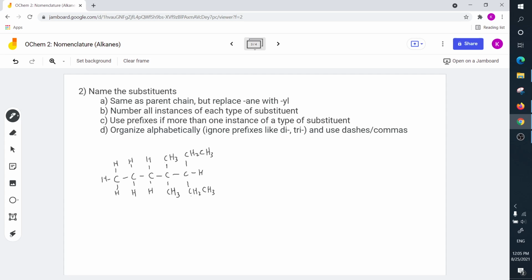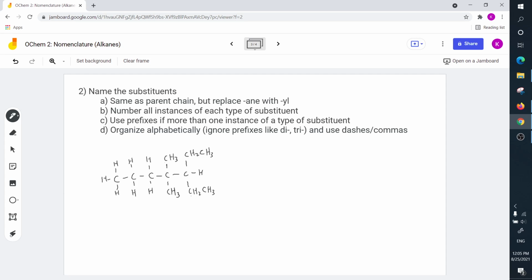So let's go to the second part, which is the substituents. This is actually the harder part, but I'm sure you get it. I think this is best understood with an example. So I'll just read through this and then let's do this. So first is the same as the parent chain, just replace the ane with an yl. B, number all instances of each type of substituent.